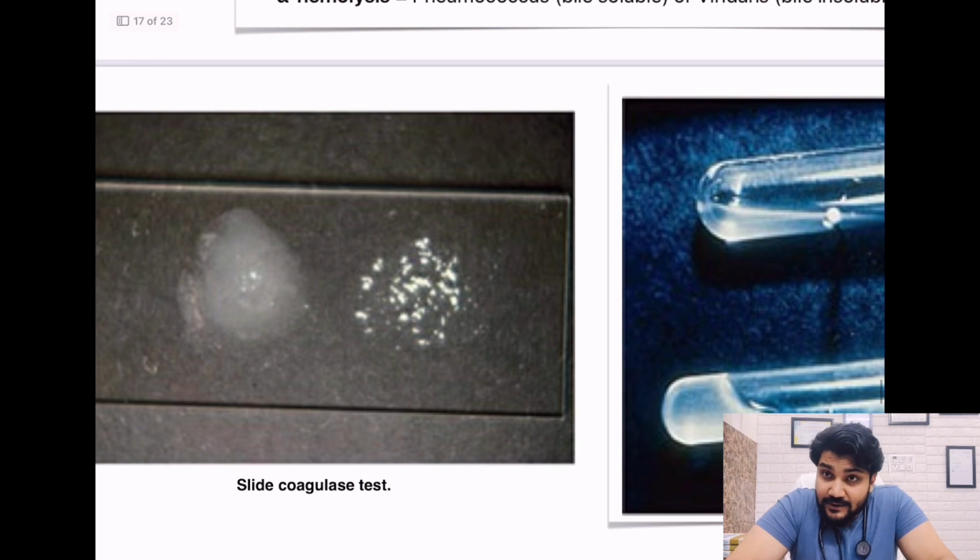Okay, then if you are using this in the tube, the whole function is quite different. There you have to take the bacterial suspension, and at the same time the plasma suspension.